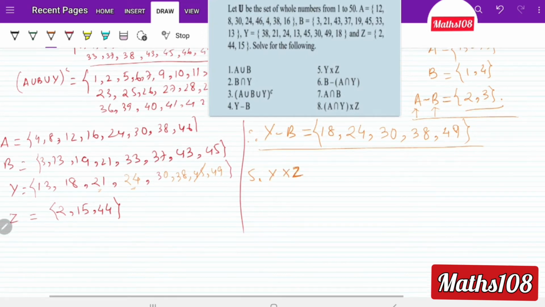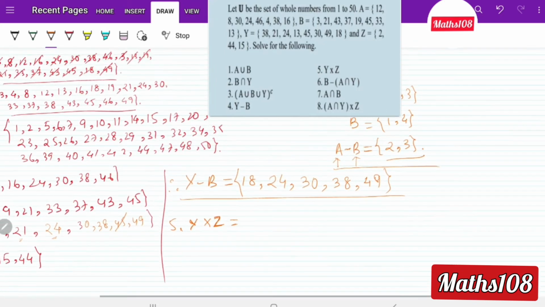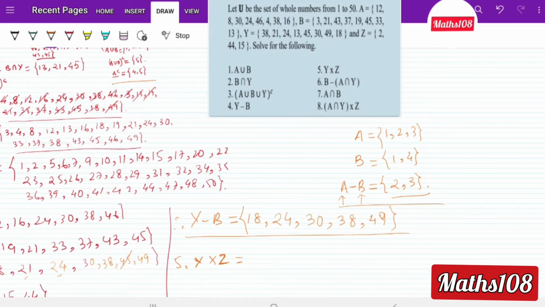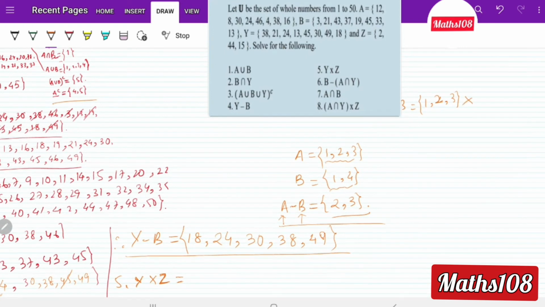Y into Z is the product of two sets, like this. We need to product all this with individual this. So A into B is equal to 1, 2, 3 into 1, 4, right? We need to multiply the individual numbers with the other set's elements.